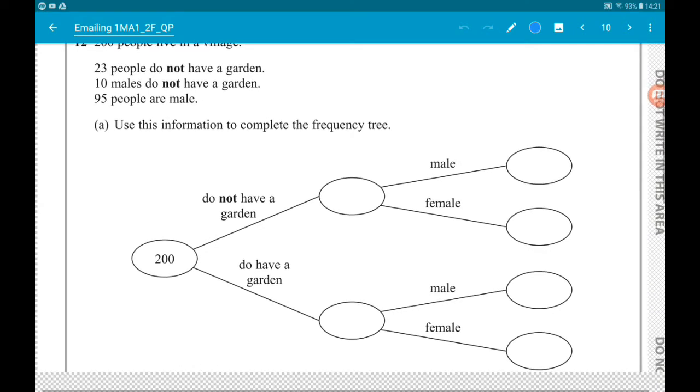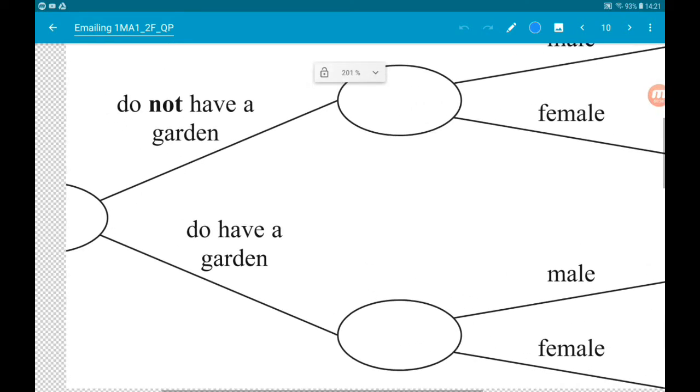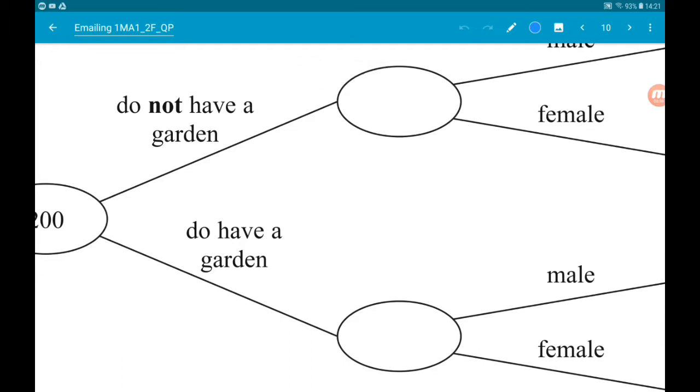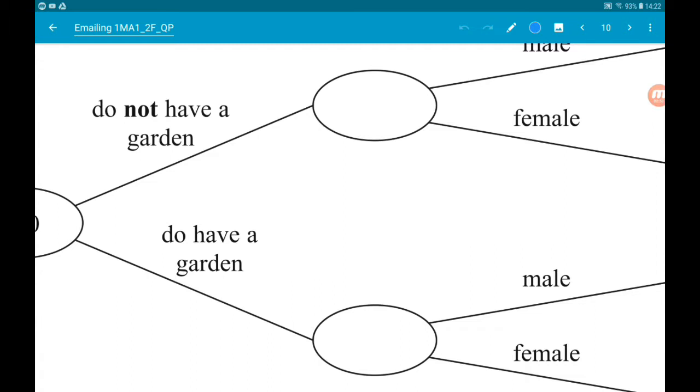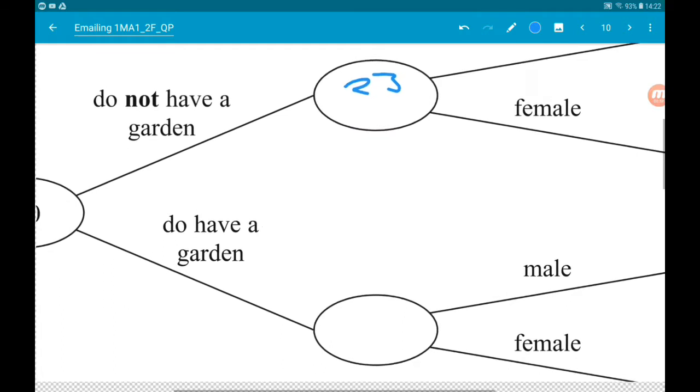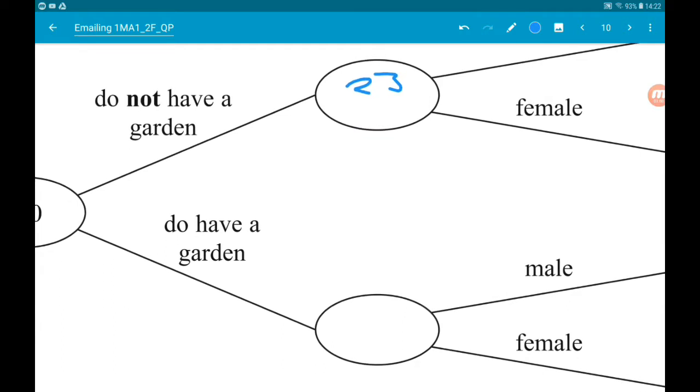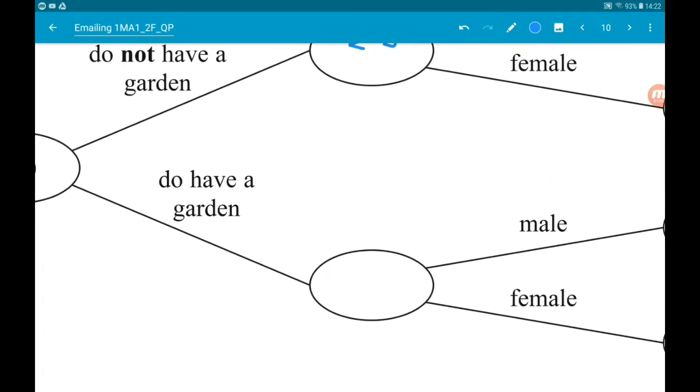Okay, so on the first branch, we have people that either do not have a garden or do. So we are told 23 people do not have a garden. So 23 goes there. Now down below them, the rest of them do have a garden, so 200 minus 23 is 177.